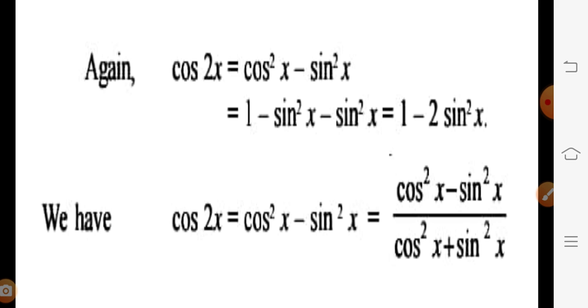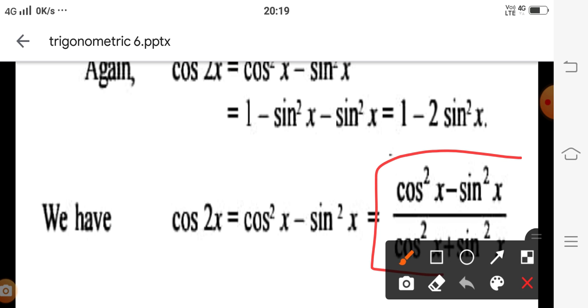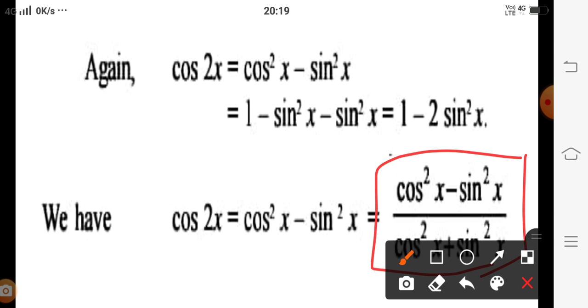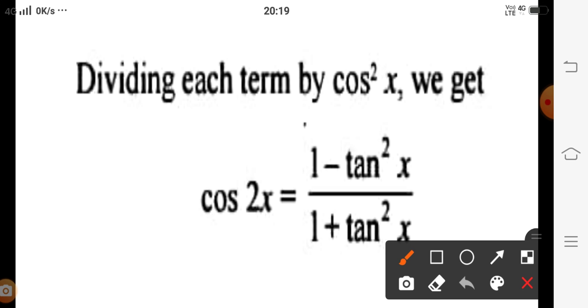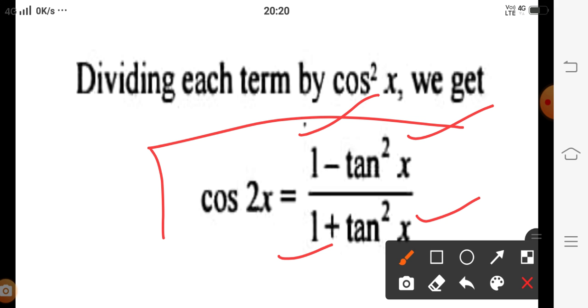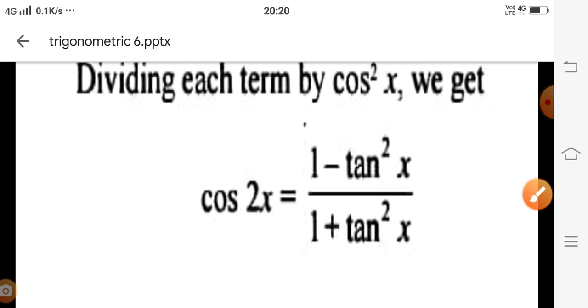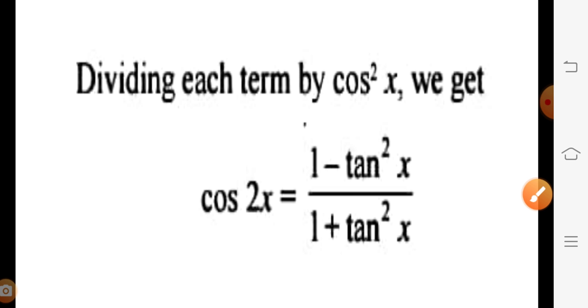Means if you are dividing all these values by cos square x, then cos square x gets cancelled out, and we are getting 1 there, and sin upon cos is tan. Similarly in the denominator you are getting 1 plus tan square x, then we have the identity for cos 2x as 1 minus tan square x upon 1 plus tan square x.